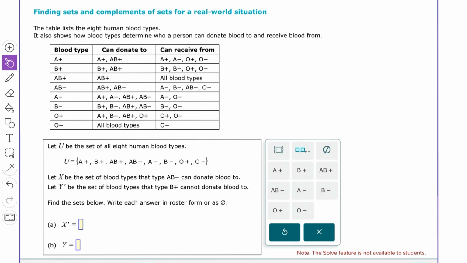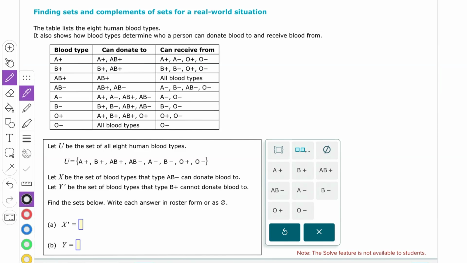Okay, so for the question where we have blood types. If I have X being the set that AB minus can donate blood to, then I need to go to the row AB minus.